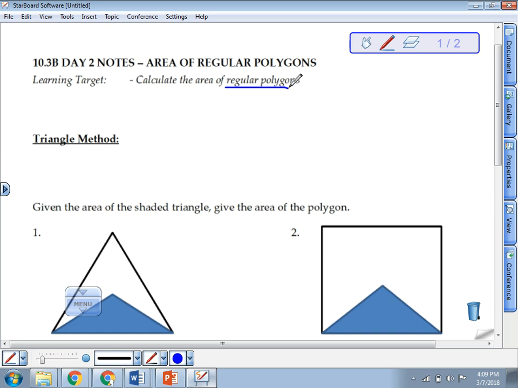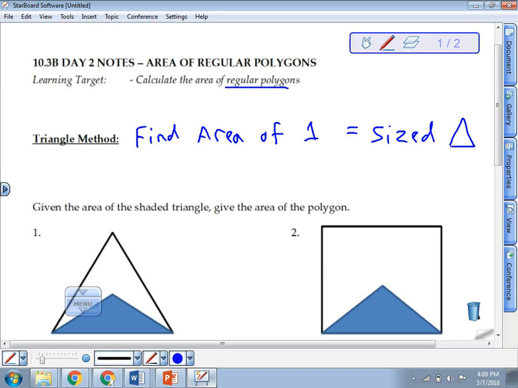Now, the triangle method. What that means is many of these polygons, such as hexagons and octagons, don't have a formula. So what we do is we find the area of one, what I call an equal size triangle.